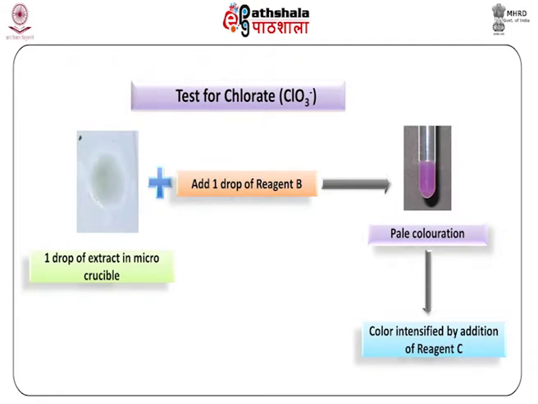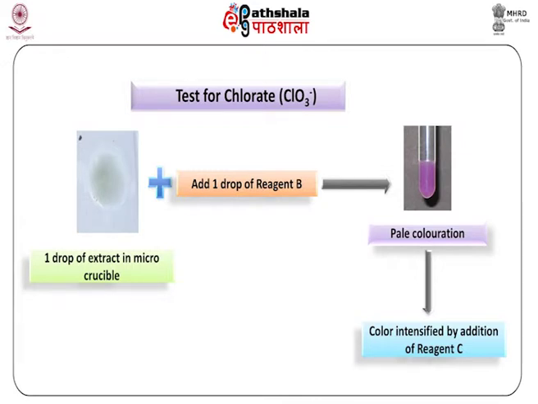The second procedure for testing for the presence of chlorate ions is carried out by taking 1 drop of the extract in a microcrucible and adding to it 1 drop of reagent B. Briskly warm the solution over a microburner and allow it to cool for some time.